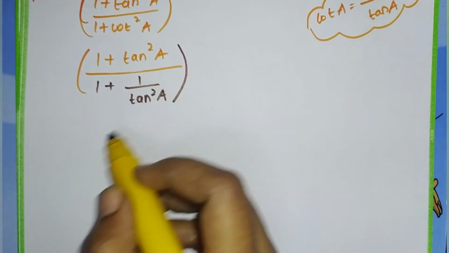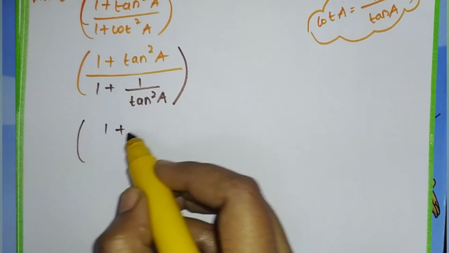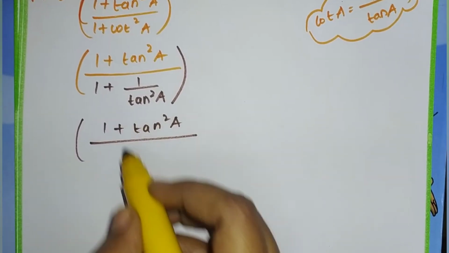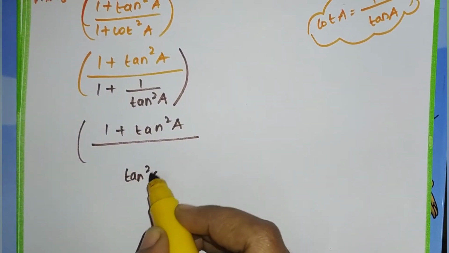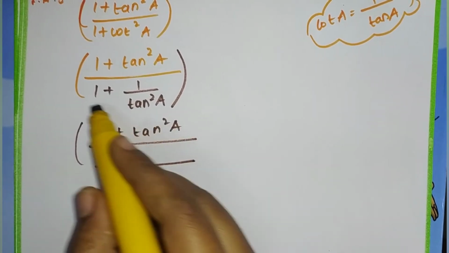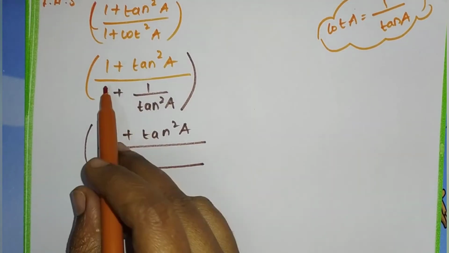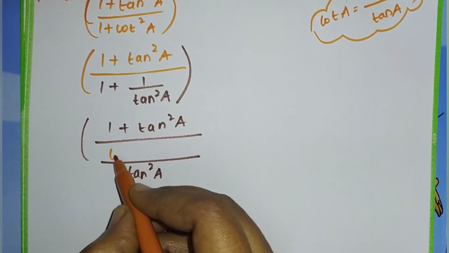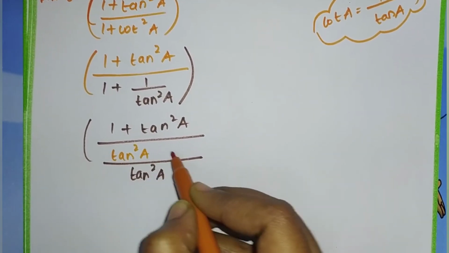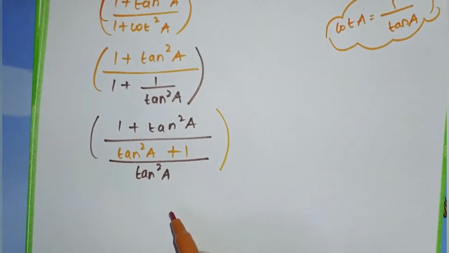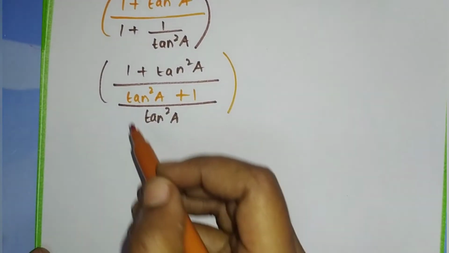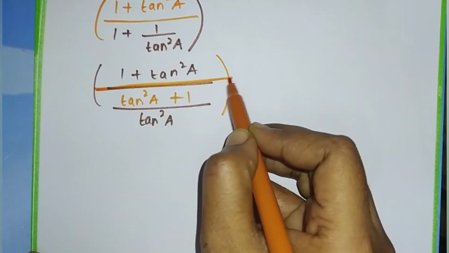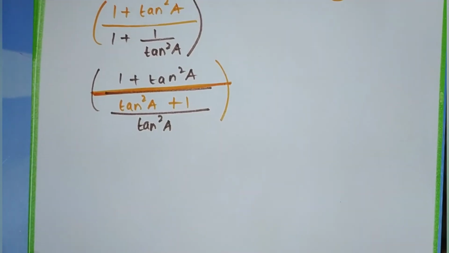And take LCM in the denominator, that is 1 plus tan square A divided by tan square A. What will be the LCM? Tan square A. Then you have to multiply here, tan square A plus 1. And reciprocal this one, because this is the main division. Keep it in mind. Don't confuse yourself.